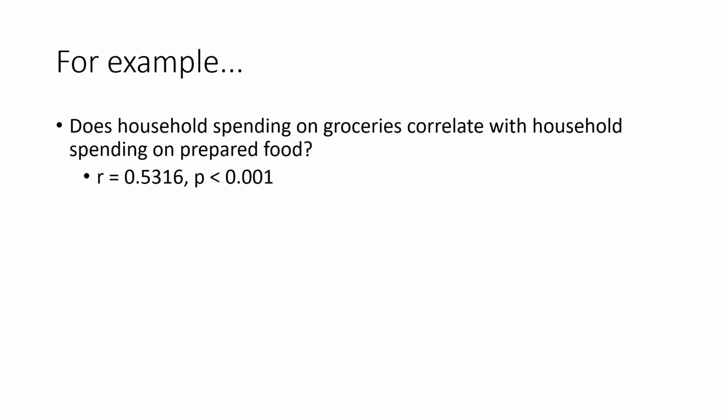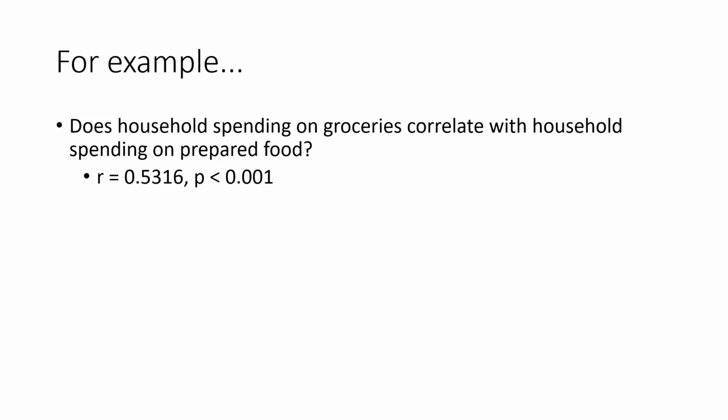But it's also not perfect, and that's probably in part because prepared foods are just a little different. They're often a little bit more expensive than groceries. And so this is a category of food spending that's going to relate, but not be exactly the same. This is also a great example of the correlation does not equal causation maxim.